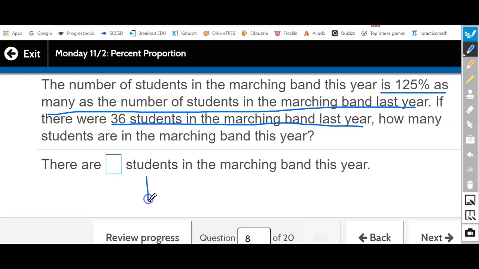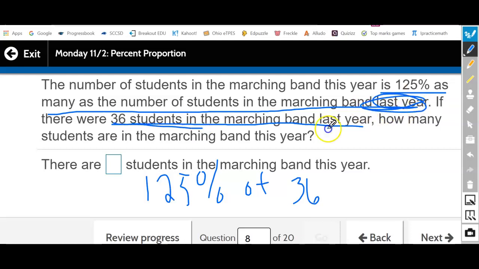So are we doing 125% of what? 36? Because it says 125% of last year, right? And this 36 is last year's number, right? So it is 125% of 36. Everybody go ahead and work that out.